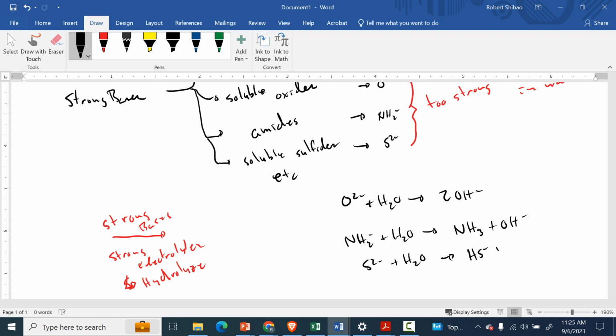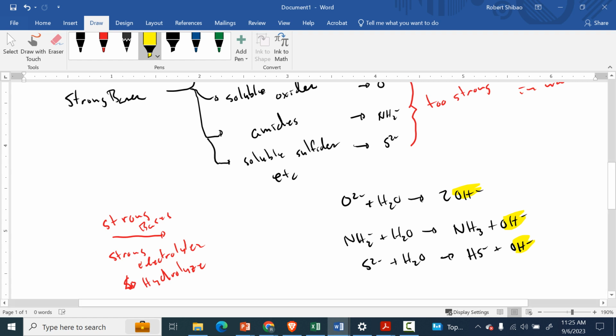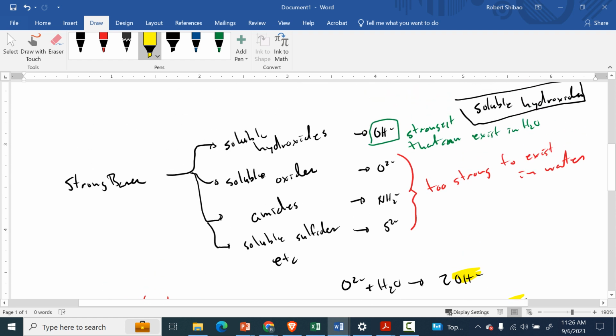HS minus and hydroxide. So this is the leveling effect. They all form hydroxide, and so we treat them all as equivalent in water. You could call HS minus bisulfide. It's no problem.